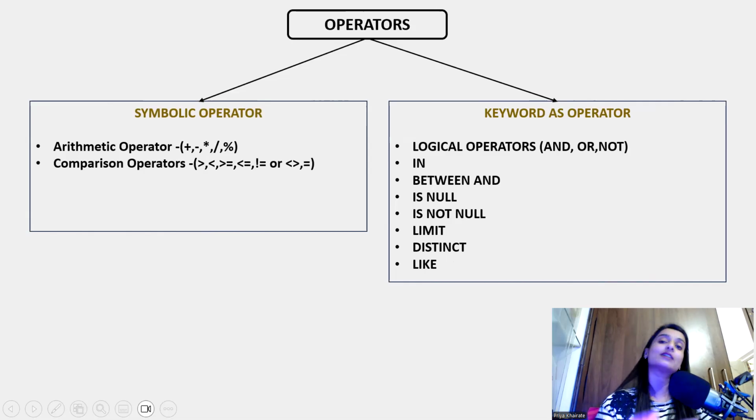Okay, operators are used to perform certain operations. So when we are performing 3 plus 3, what does it result in? 6. So that plus is an operator which is helping us to perform an operation. Which operation? Addition. So like that we have addition, subtraction, multiplication, division, modulus.